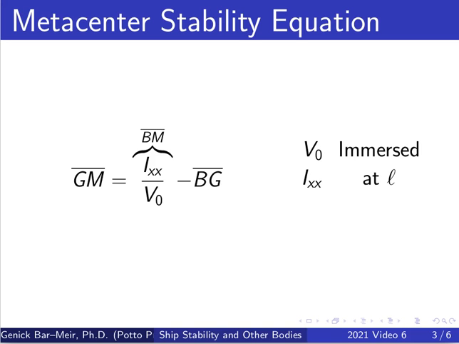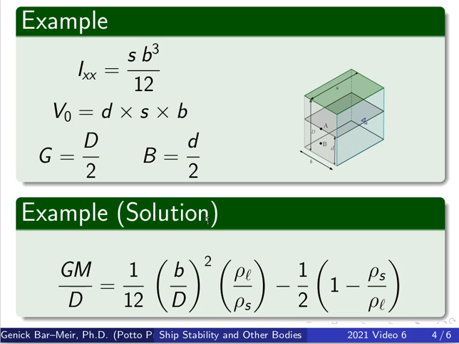If we're going to do an example of how we're going to use it, we take our favorite extruded rectangle, which has a width of B, a height of big D, and the part that is immersed is little d, and the length of this thing is S. The moment of inertia is S B cubed divided by 12.